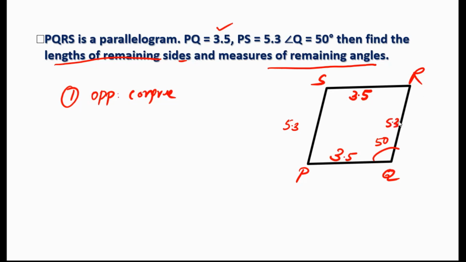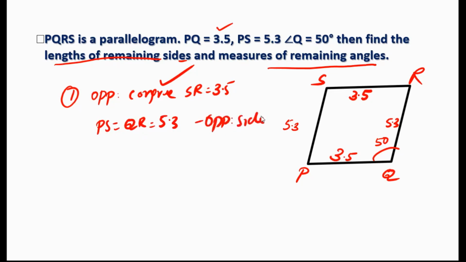So whenever we say QR is 5.3, or if you are saying that SR is equal to 3.5, you will say opposite sides are congruent. If you are saying that PS is equal to QR is equal to 5.3, again opposite sides are congruent in a parallelogram. So sides will be.